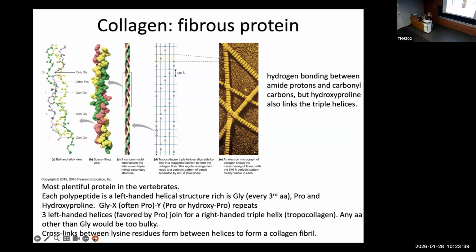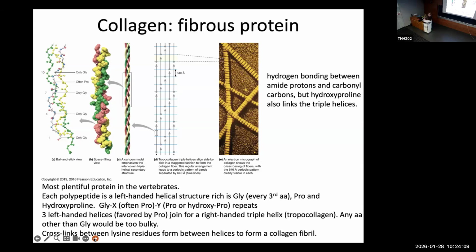So that structure is that left-handed polyproline cage structure. And it has sort of a repeating sequence of amino acids. There's glycines, there's prolines, and there's what's called hydroxyprolines, which we have not heard about yet. And that's a modification to a proline. We'll talk about how that happens. Okay, so lots of repeats, which gives it that left-handed curved structure.